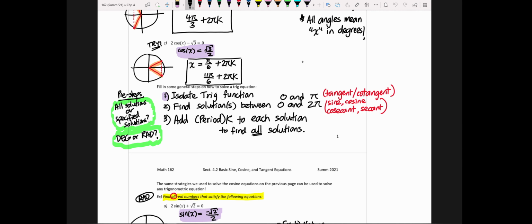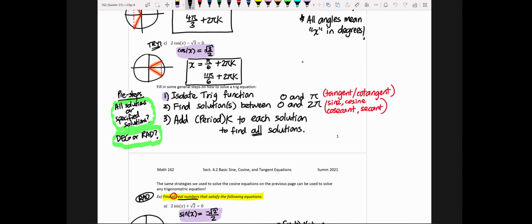If we're working with tangent and cotangent, find the solutions between 0 and pi. If we're working with sine, cosine, cosecant, secant, find the solutions between 0 and 2 pi. Then our step 3, we add period times k to each solution, which will generate all solutions. Those are the core 3 steps.